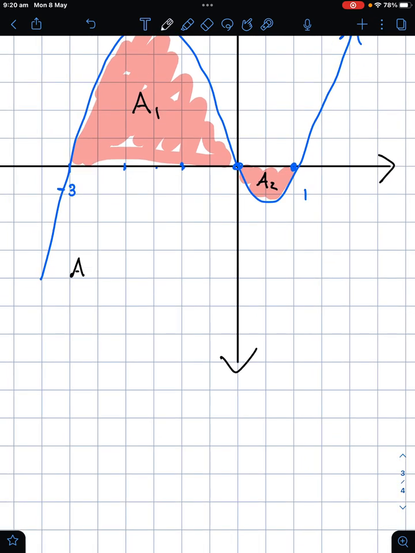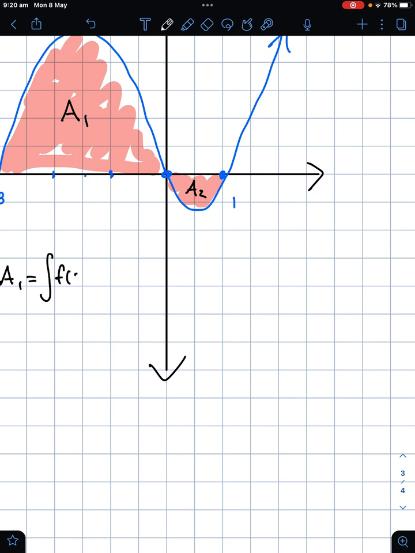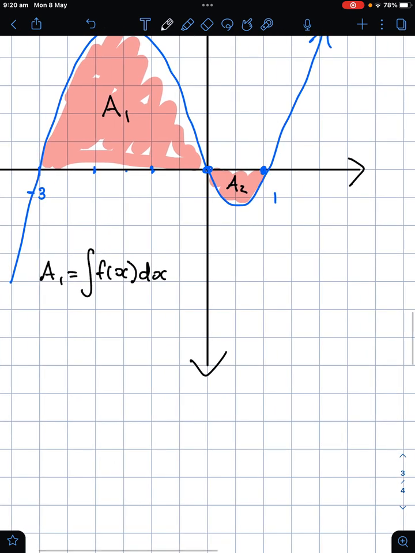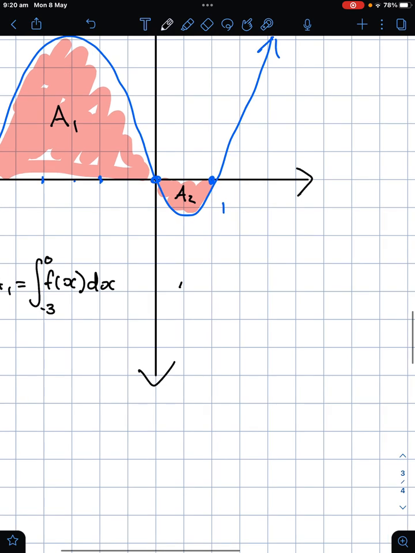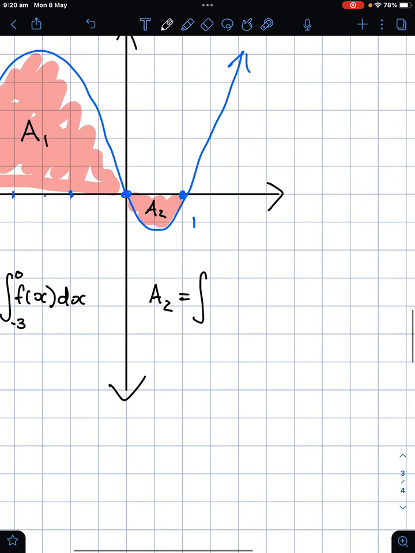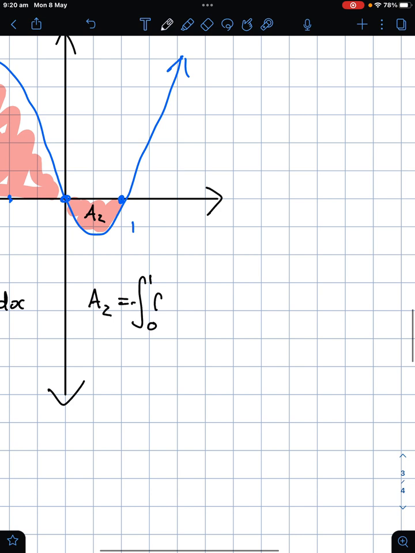Now, area 1 here is going to be the integral of f of x dx between, that should be negative 3 and 0. And then area 2 here is going to need to be the integral between 0 and 1, depending on the way we want to do this, f of x dx.